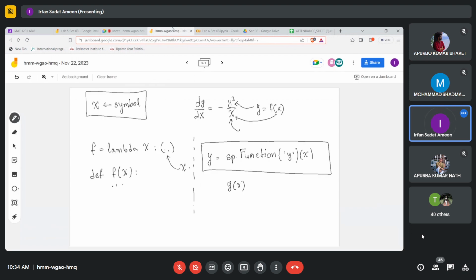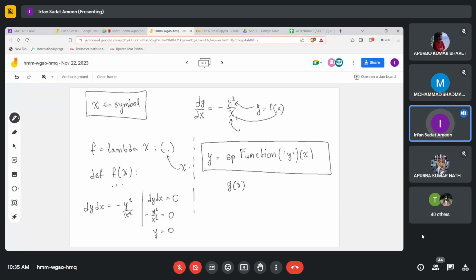Here is the mistake. Whenever I write dy dx equals minus y square by x square, when I define it this way and then use dsolve, it does something similar: it takes d by dx as equal to 0. That means it will take this as 0. That is why we are getting y equals 0.